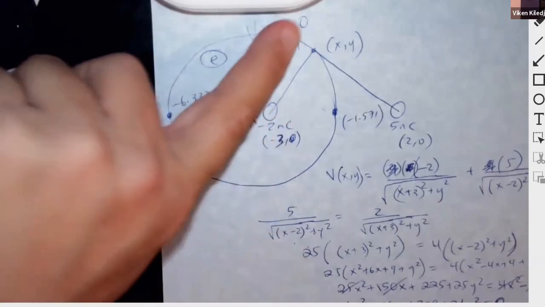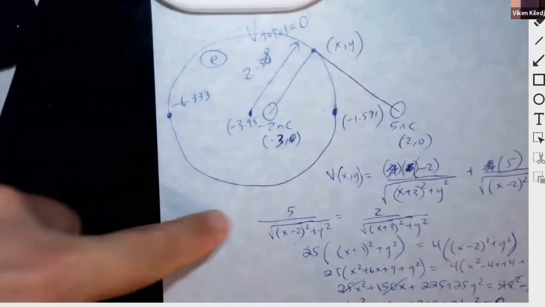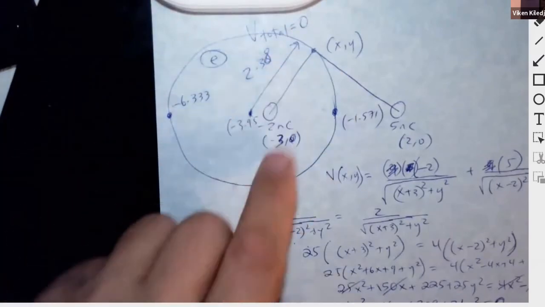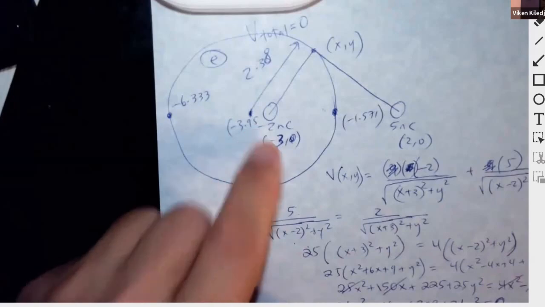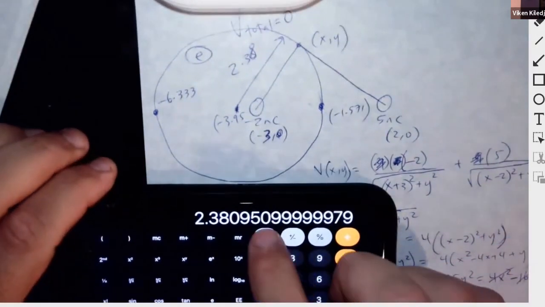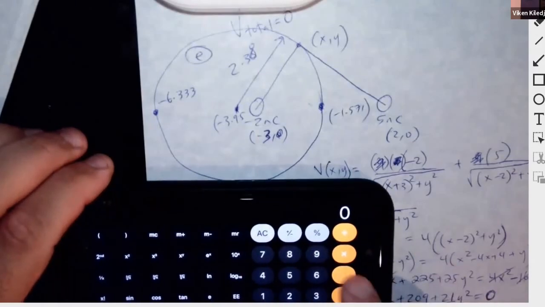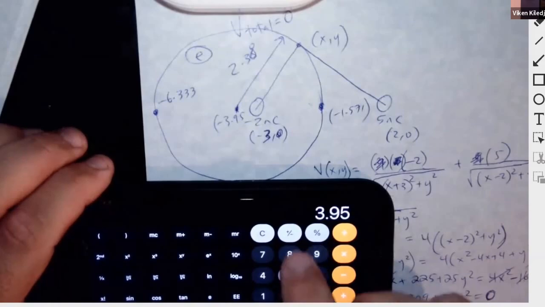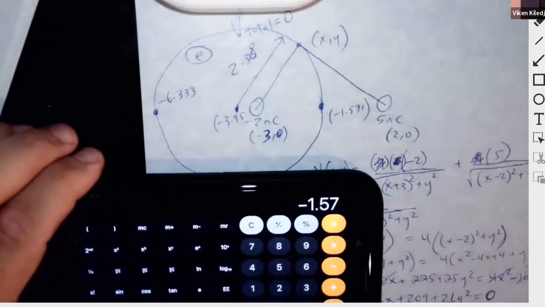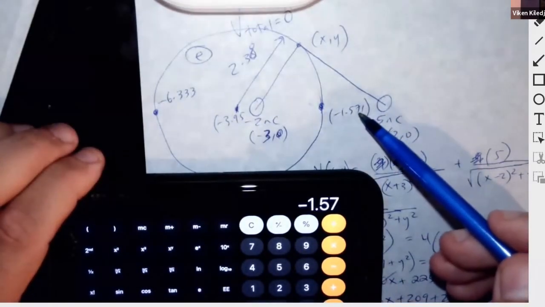In other words, if I go one radius in any direction, that should give me those points. So if I add 2.38 to negative 3.95, what's going to happen? Yep, there you go, negative 1.57.